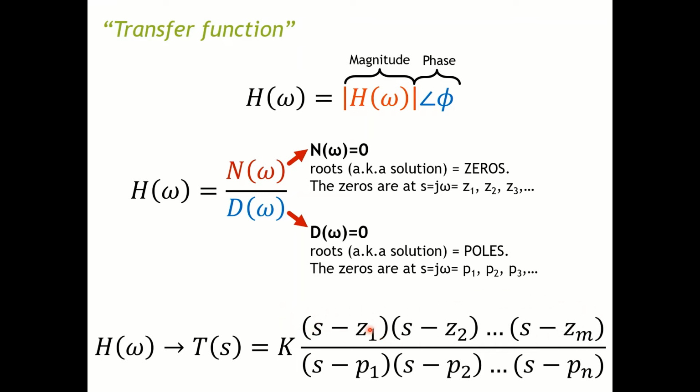Your numerator can have several solutions depending on its order. The first order only has 1 solution, second order has 2 solutions, and nth order has n solutions. Each solution for the numerator is called a zero, and each solution for the denominator is called a pole.